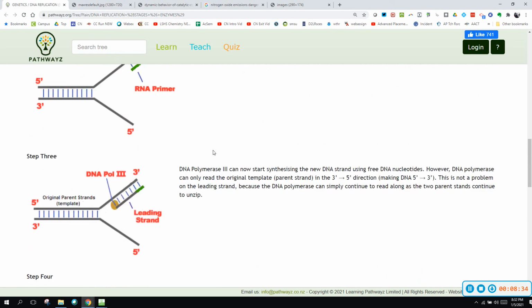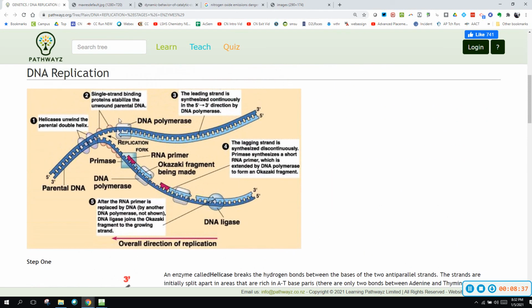So here is my much better picture of the DNA replication, and you can see right here is the helicase coming along to unwind it, primase coming along to get it ready, and then the polymerase. This is the leading strand right here, so it's making new polymer right here. Then we've got the Okazaki fragment right here, and this one is also using polymerase, another enzyme, and then we've got the ligase coming in here to fill it in.